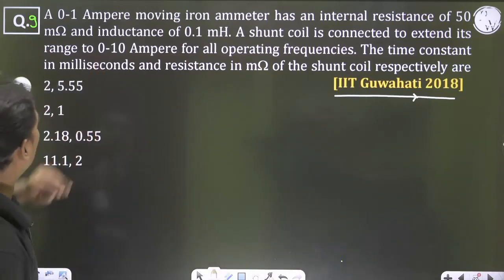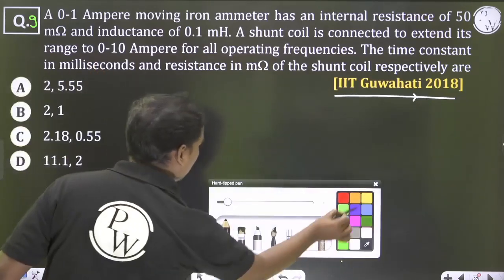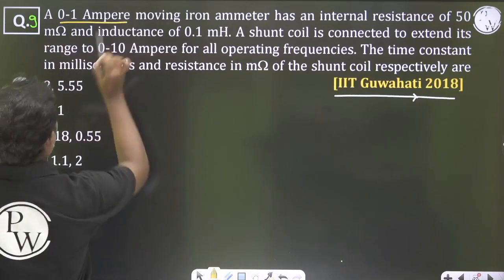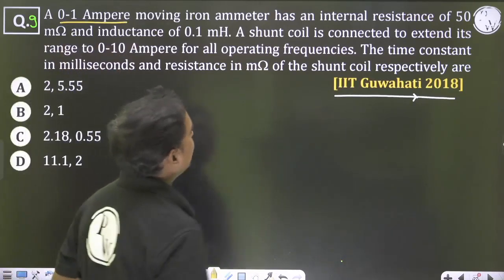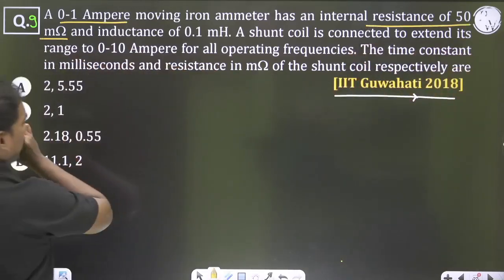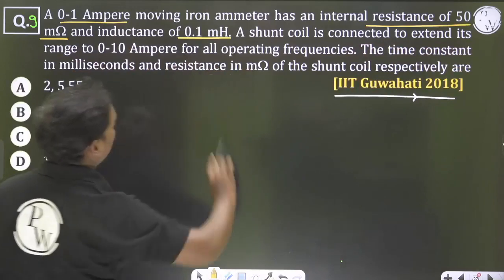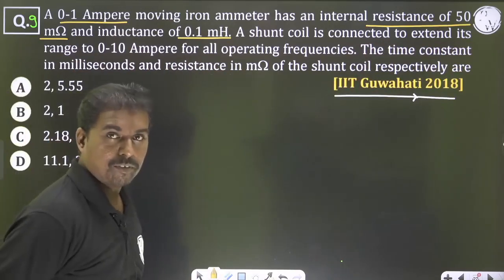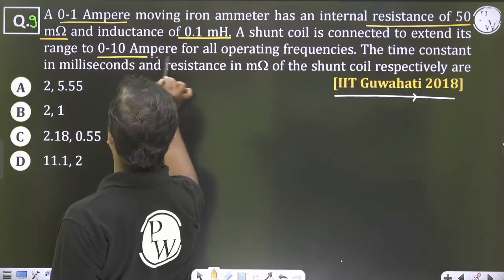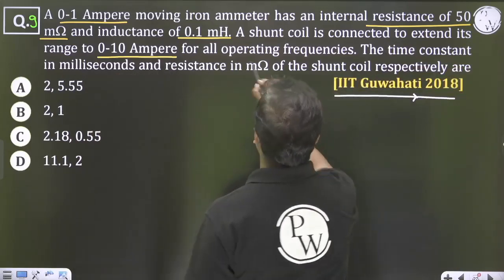What is the question? A 0 to 1 ampere moving iron ammeter has an internal resistance of 50 milliohms and an inductance of 0.1 millihenry. A shunt coil is connected to extend its range to 0 to 10 amperes for all operating frequencies.